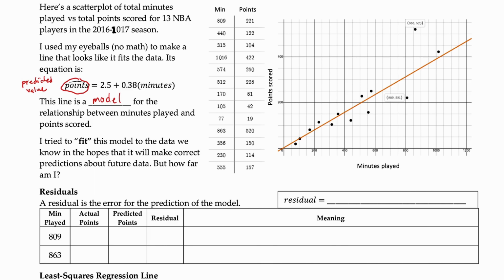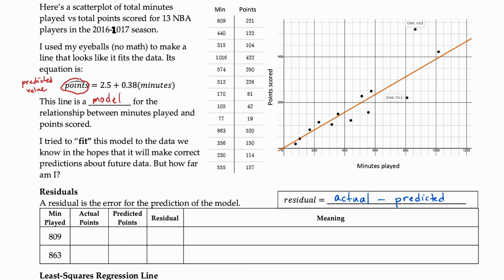So one way of figuring out how close your model is making predictions is to think about this thing called a residual. A residual is the error for the prediction of the model. The formula for a residual is the actual y value minus the predicted y value.